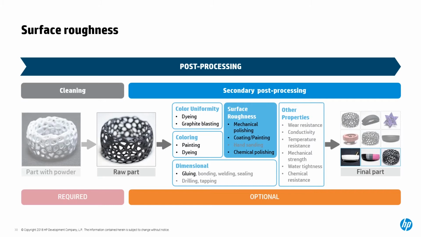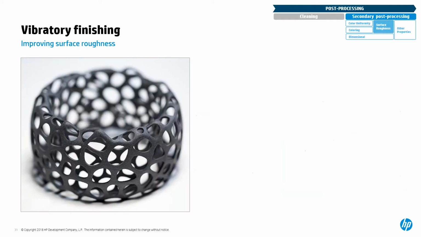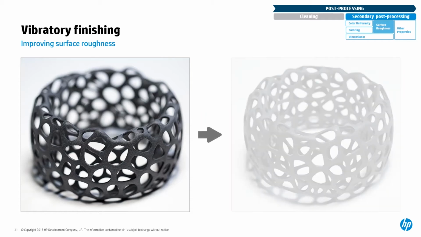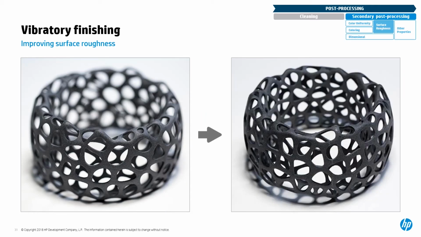So now let's review the options to improve the surface roughness of the part. The vibratory finishing, also known as tumbling, is an option that can significantly improve the smoothness of the multi-jet fusion parts. Due to the 3D printing process, surface roughness is not consistent among all the part surfaces.